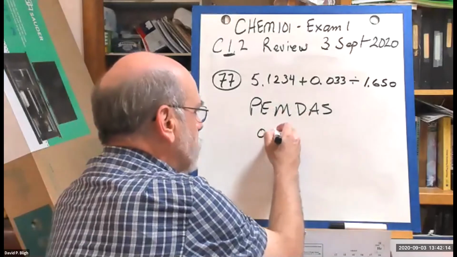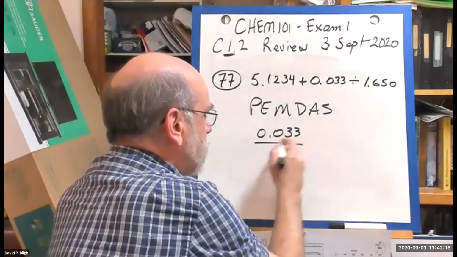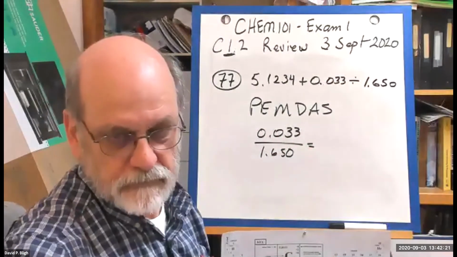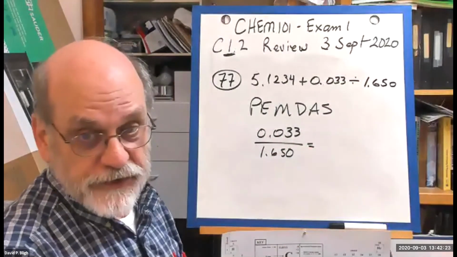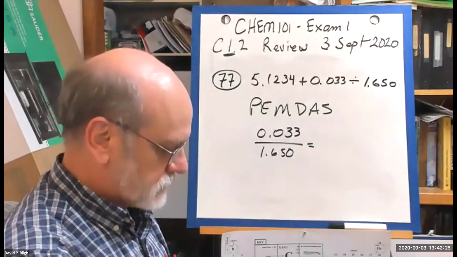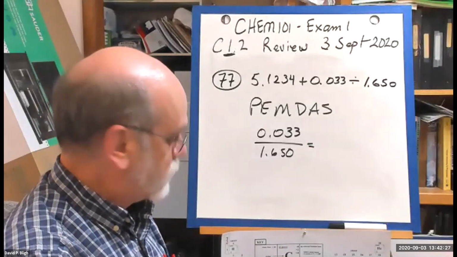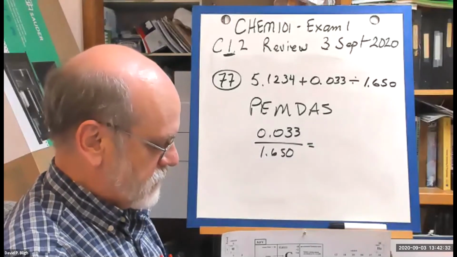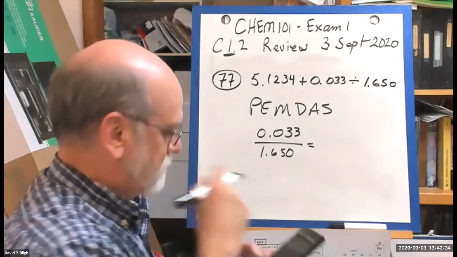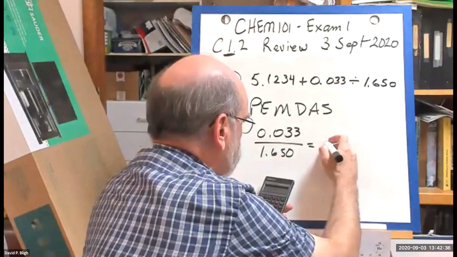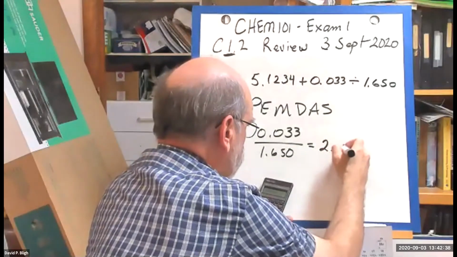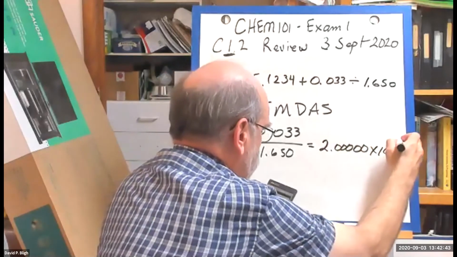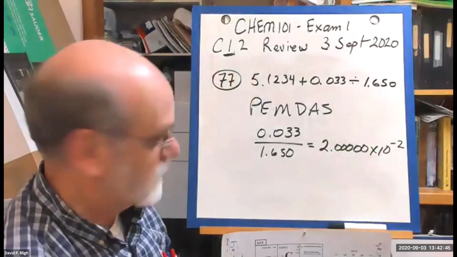So 0.033 divided by 1.650 equals what? This one we have to do in stages. This is in scientific notation.